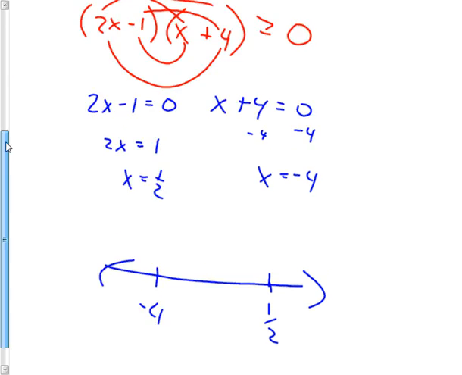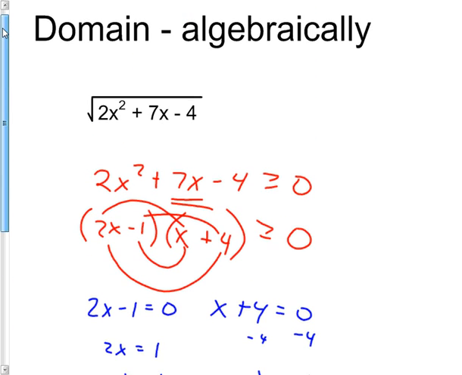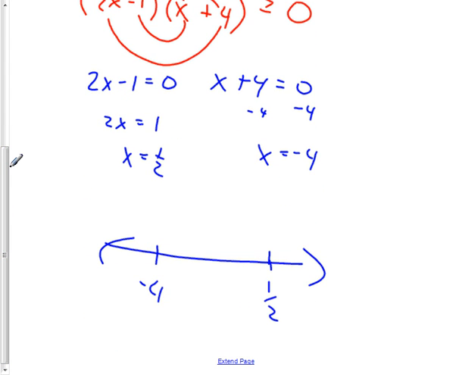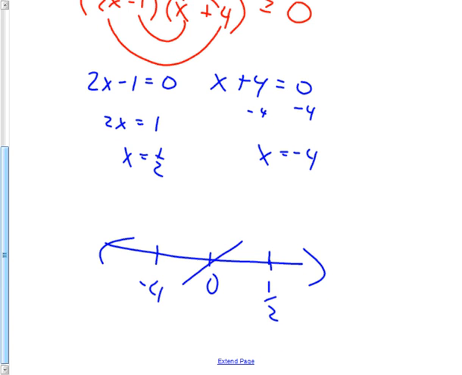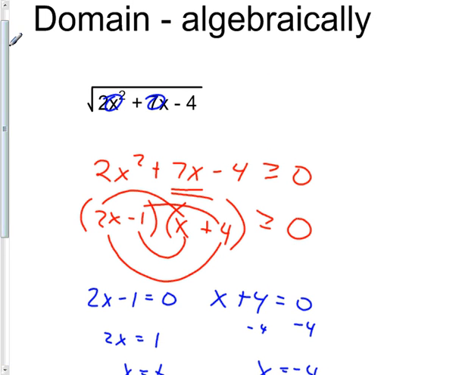So there is my number line, and now I just have to test some points, like try 0 and see if it screws anything up. If I put in a 0, is it going to be okay? Nope, because it's going to be negative 4 under the square root, so that doesn't work. If I put in 1, is it going to be okay? 2 times 1 squared is 2, plus 7 times 1 is 7, minus 4.